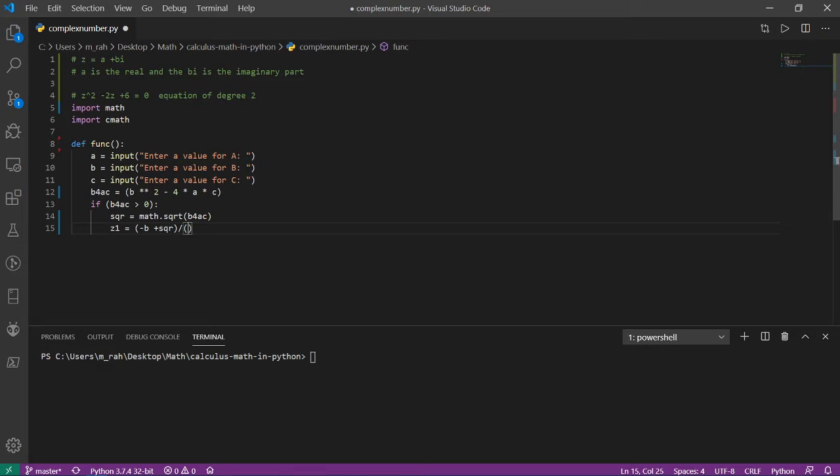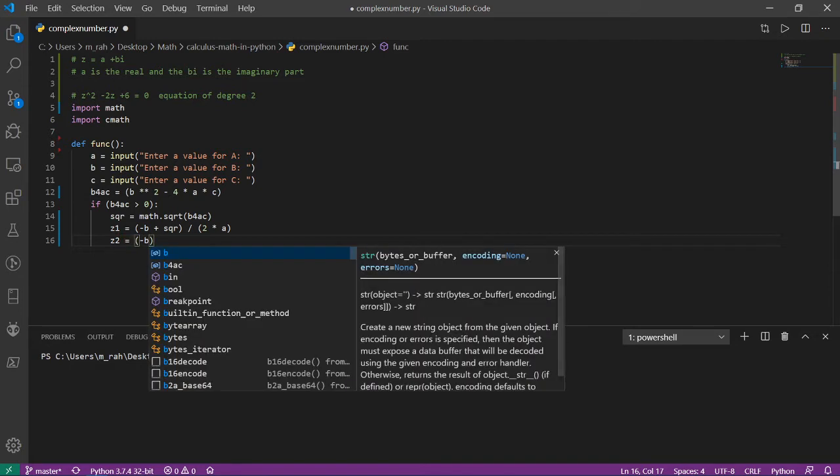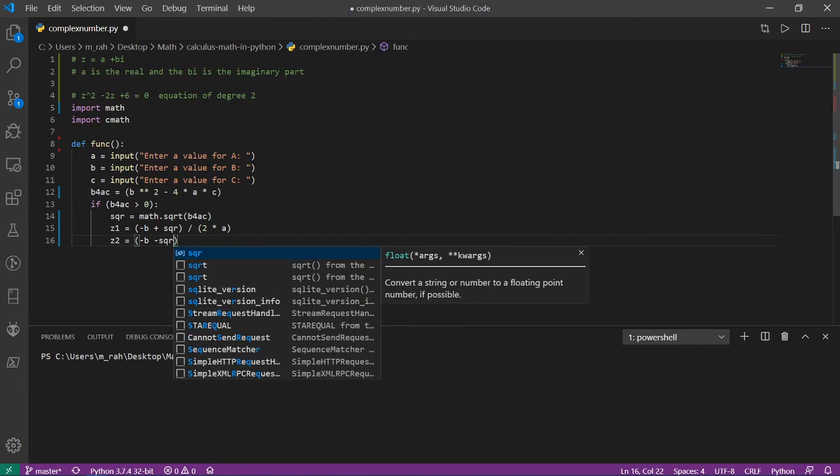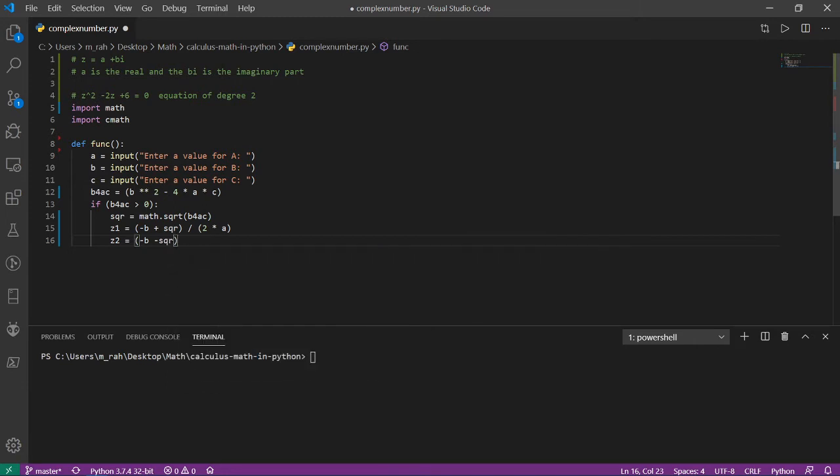We need parentheses, otherwise it gives us an error, a wrong answer. Then for set2, we say minus b minus the square root, and divide that by 2 times a. Now if this value is positive, we print out set1 and set2.